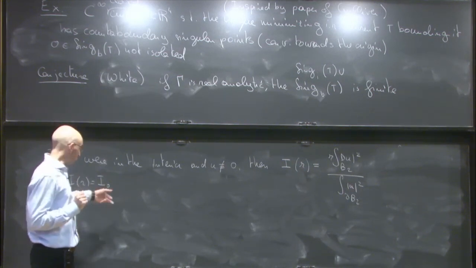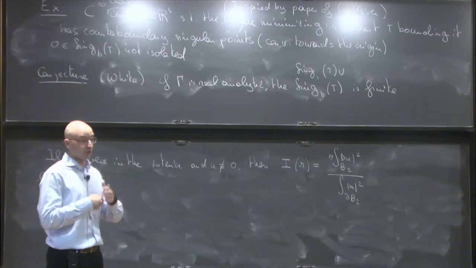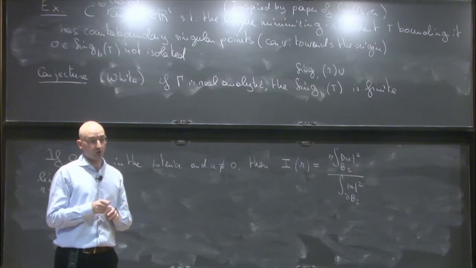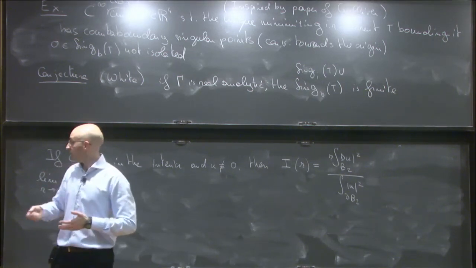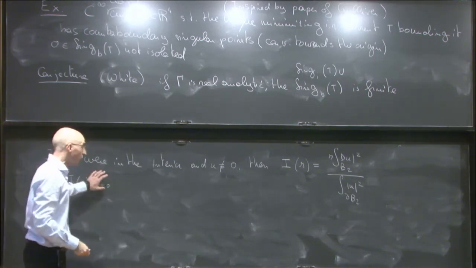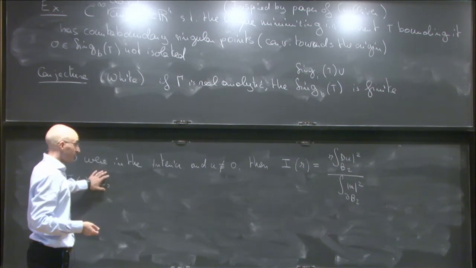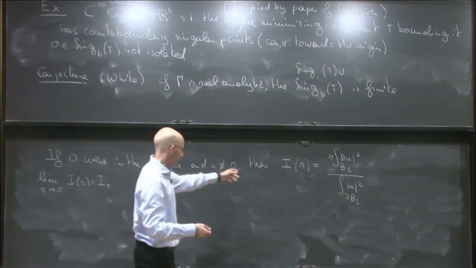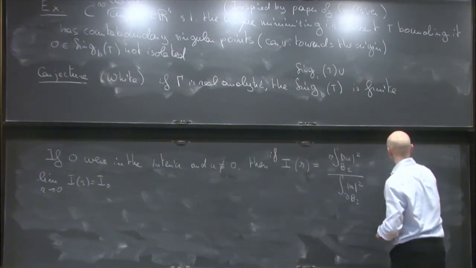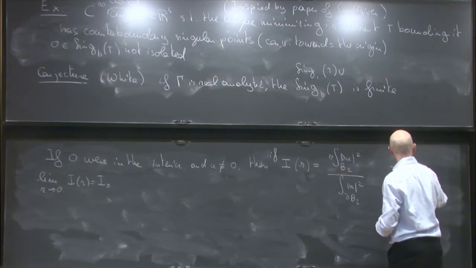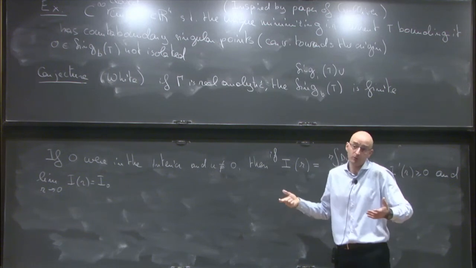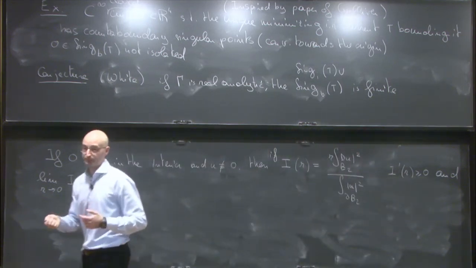But the beauty of this is that you don't need any regularity, you don't need to know any real analyticity to get this number and to conclude that 0 cannot be a point where the L2 norm decays as fast as you want. This I0 might be a huge number, but it exists by monotonicity: I prime of r is bigger or equal than 0, so if you compute this on the ball of radius 1, it gives you a bound for this number I0.